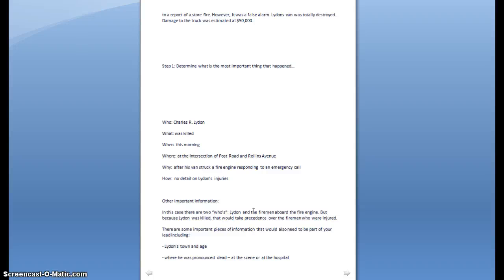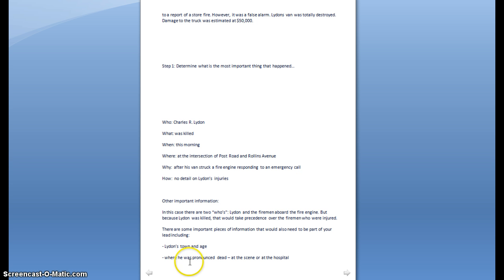Don't assume that just because the accident occurred in your town that he lived in the town. You want to definitely get his age since he was killed, because this is also taking on a little bit of a form of an obit, in that you're saying that the person died. Where was he pronounced dead? That information is also missing. That's also important.